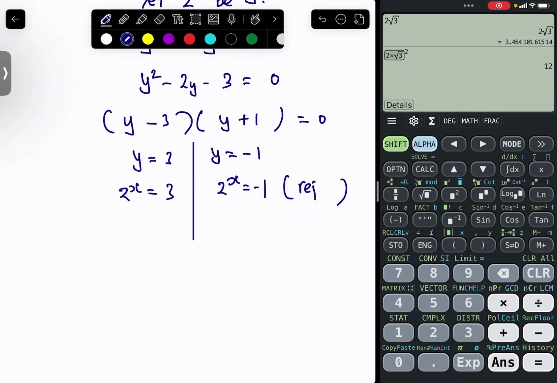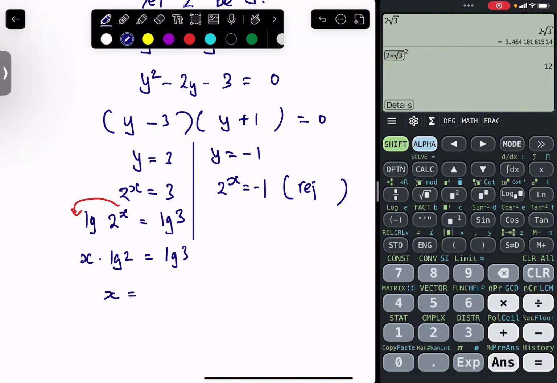Okay, so 2 to the power of x equals to 3. How to solve this? We're going to use logarithm. So we take logs at both sides. Log 2 to the power x equals to log 3. Now by the logarithm law, x can come down. So we'll have x times log 2 equals to log 3.